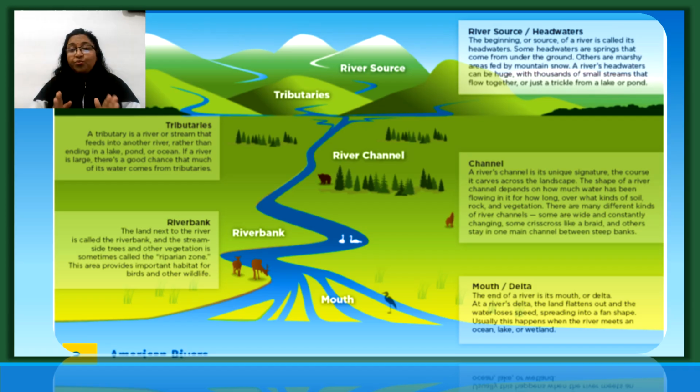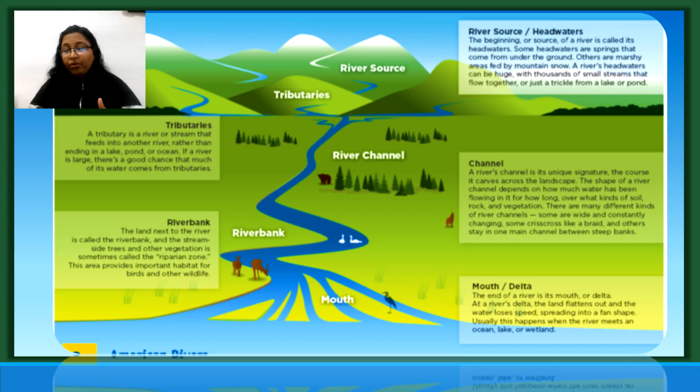So in the mouth region of any large river, we usually get to see great, highly diverse, highly fertile land, which we call the delta. And these are nothing but sediments rich in organic matter brought by that river before entering into the ocean.